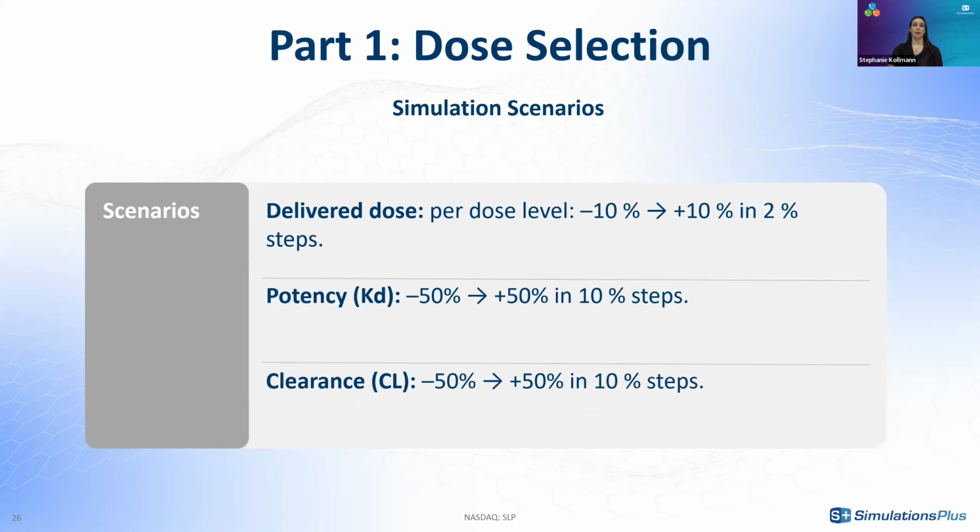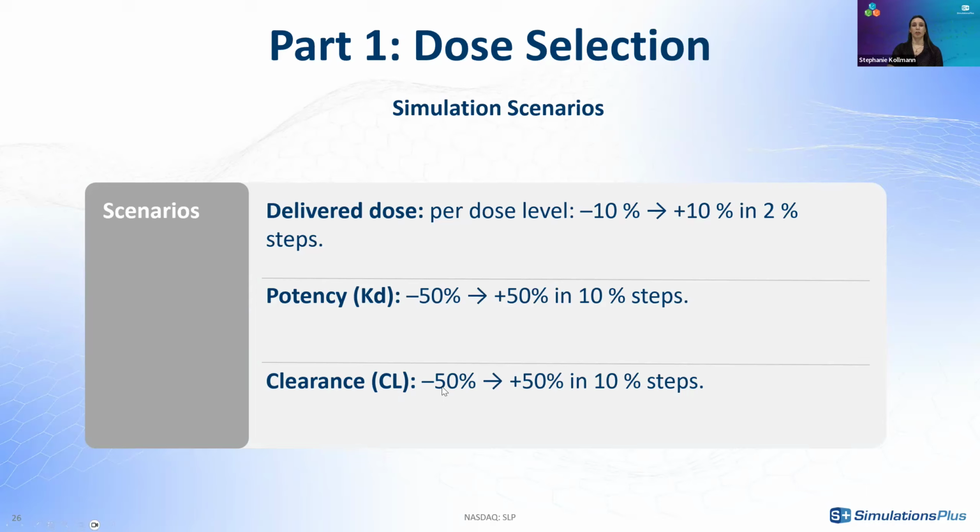For the simulation scenarios, we systematically varied 3 parameters to mimic realistic sources of differences. First, the delivered dose was modified from -10% to +10% in 2% increments, simulating potential variability in device performance or formulation delivery.